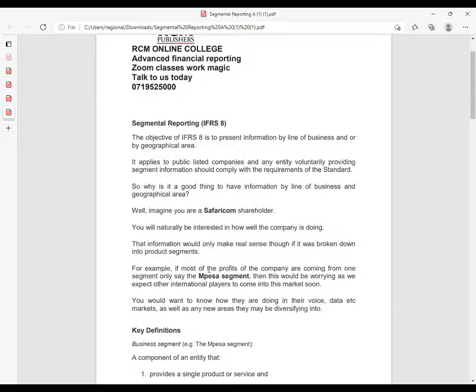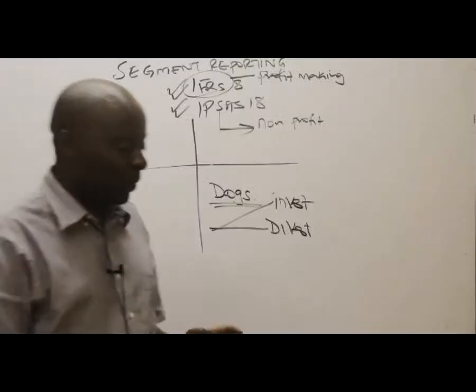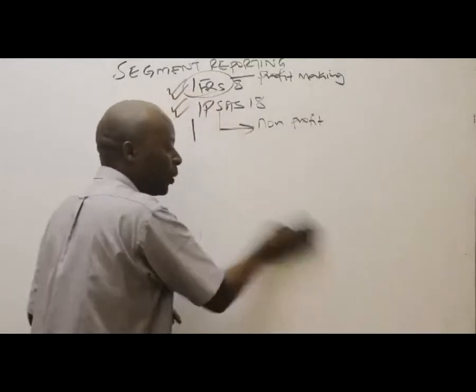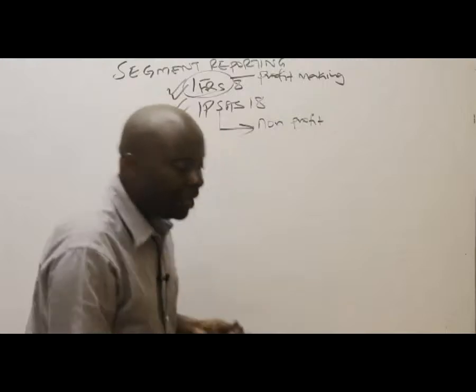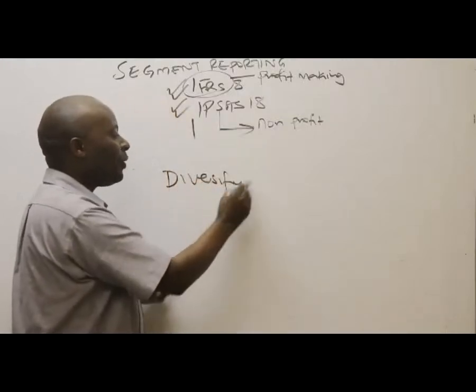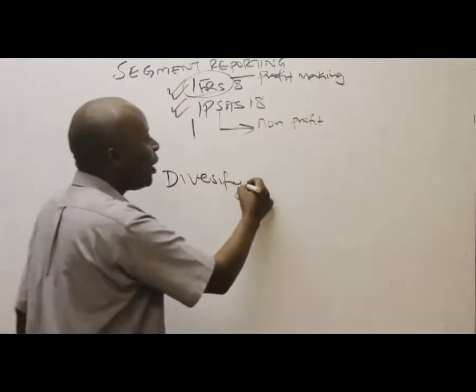Ladies and gentlemen, remember what I taught you last semester in advanced financial management. Any great organization must always seek to diversify its operations. So if it's RCM Online College, already we have books.